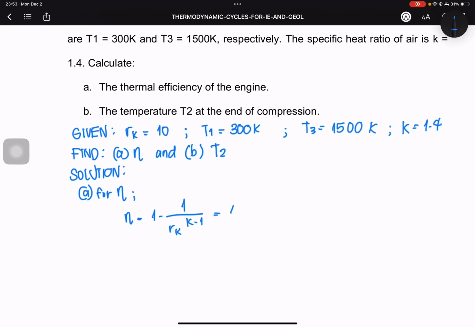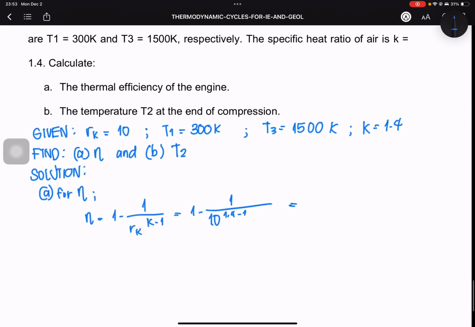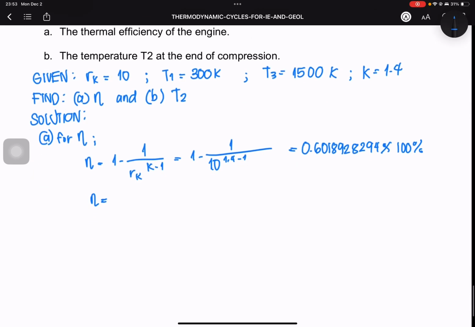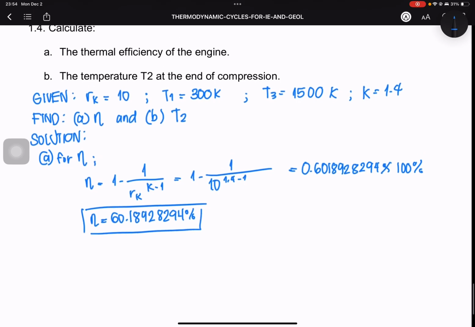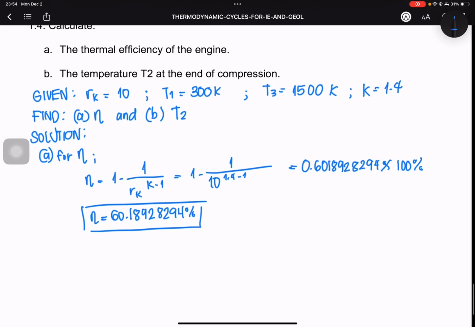Substituting, RK is 10 and K minus 1 is 1.4 minus 1. The answer for this, kindly confirm, is 0.6018928294. Multiplying by 100%, our efficiency is 60.18928294%. Did you get the same answer? Any questions so far?